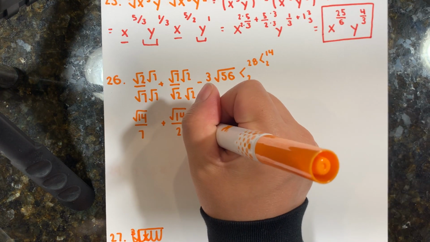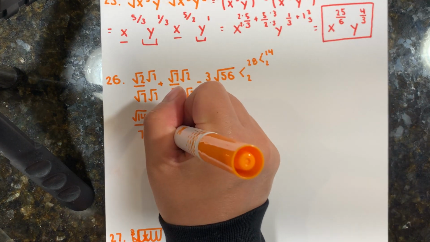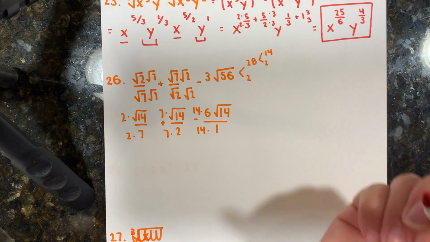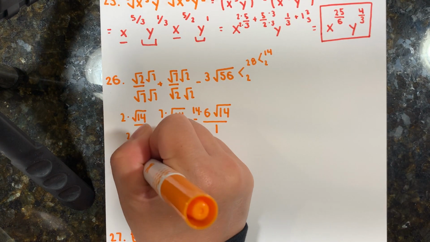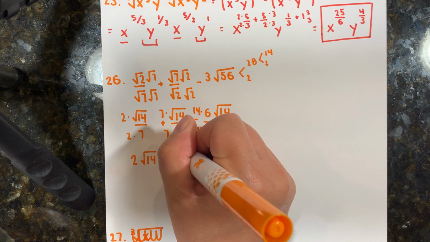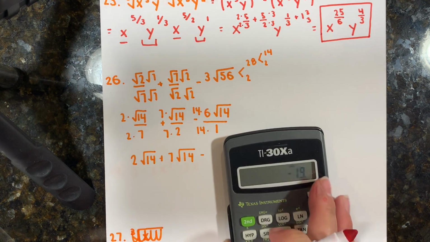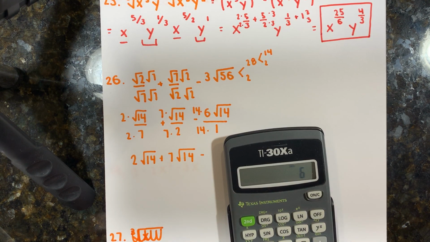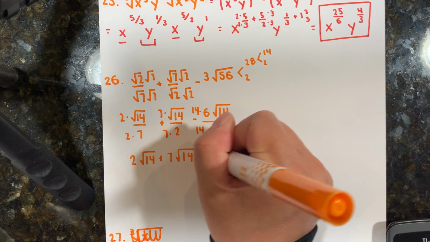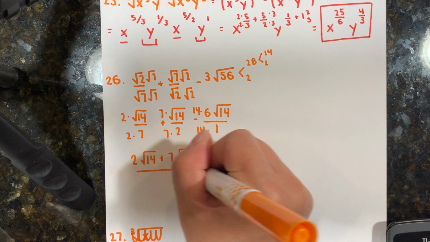The common denominator is going to be 14, so I'm going to multiply top and bottom by 14, then top and bottom by 7, and top and bottom by 2. So that would be 2 root 14 plus 7 root 14 minus, so 6 times 14 would be 84 root 14 all over 14.